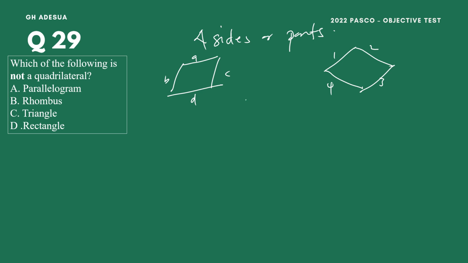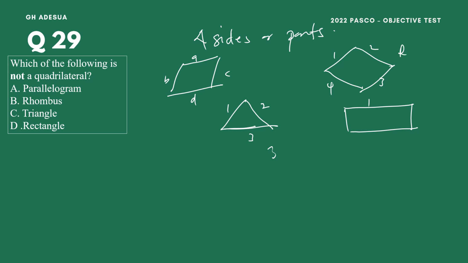A triangle looks this way: 1, 2, 3. So a triangle has only 3 parts. Now look at a rectangle.